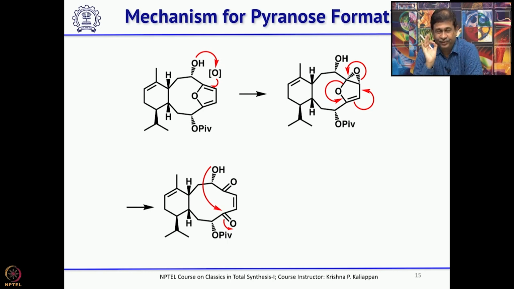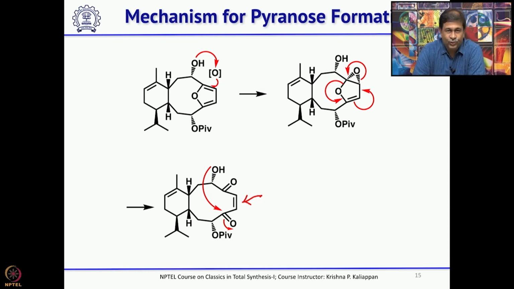Okay. It is basically nothing but if you have 1,4-diketone on treatment with acid you will get furan. Okay. 1,4-diketone, if you treat with acid you will get furan. The same thing, it is a reverse reaction, but since you are using oxidation you get extra double bond. Okay. It is just a reversal of acid treatment of 1,4-diketone to furan. Here what you are doing is you are using an oxidizing agent, so that is why you introduce a double bond as well.